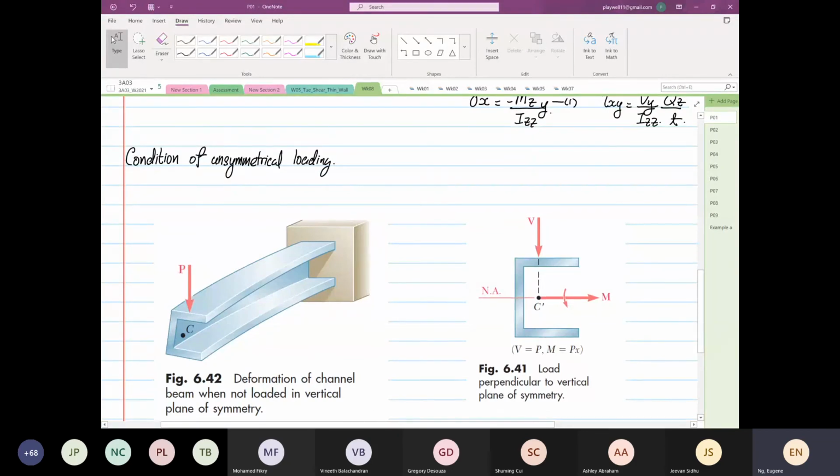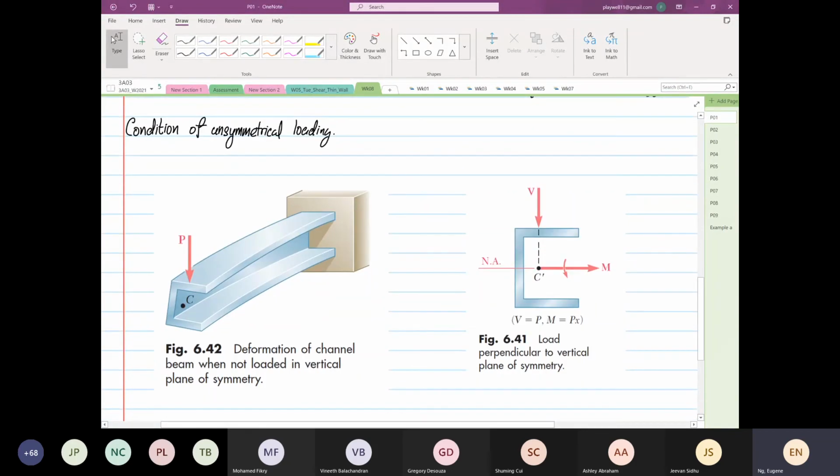What you realize from here now is that one of the differences is this. If this is our centroid, this structure shows some deformation already.